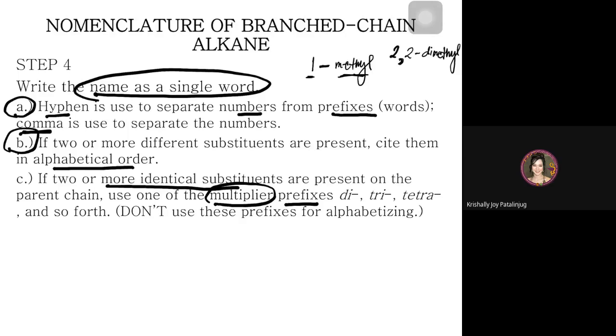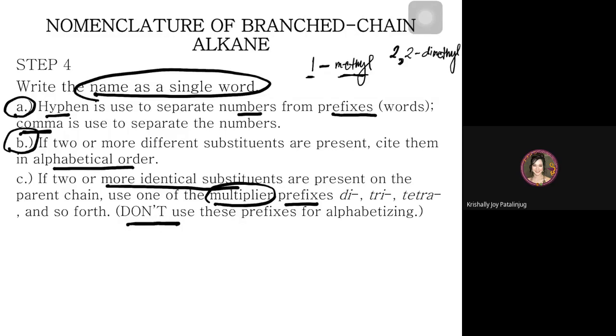We have di for two, tri for three, tetra for four, penta for five, and so forth. These are the multiplier prefixes. This indicates that there are two or more identical substituents in that particular parent chain. But take note, highlight this, don't use these prefixes for alphabetizing.